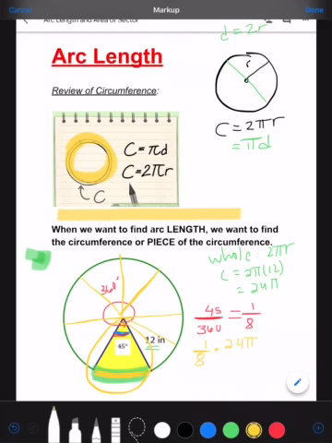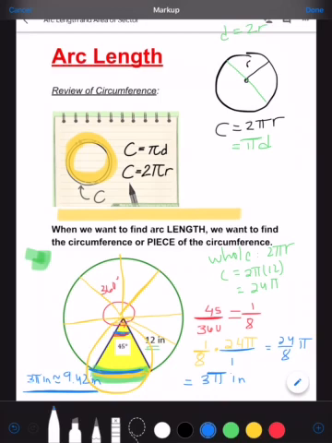For those of you who don't feel very comfortable with fractions, remember that this is the same as this, and then this is 24/8 pi, and then this is 3 pi, and we're talking about inches. What does this mean? It means that this piece here, if you extended it like this, measures 3 pi inches, which is about 9.42 inches.